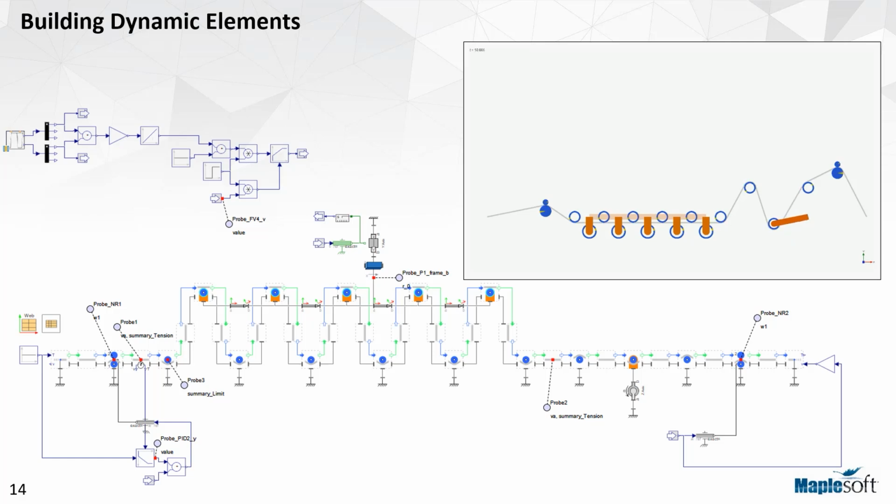They are started, and then in a few moments, the right nip will stop, at which point you'll see the dancer arm compensate for the change, and then the accumulator fills with web until that nip roller is actuated again.